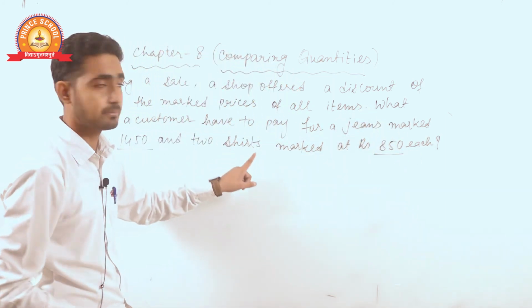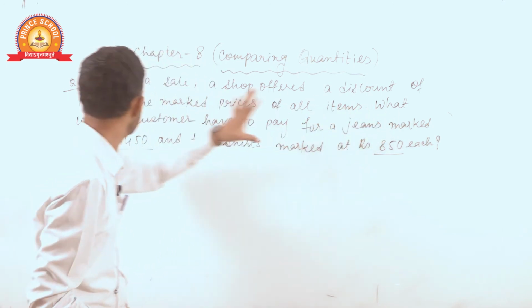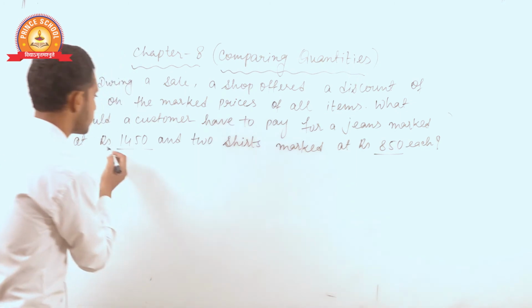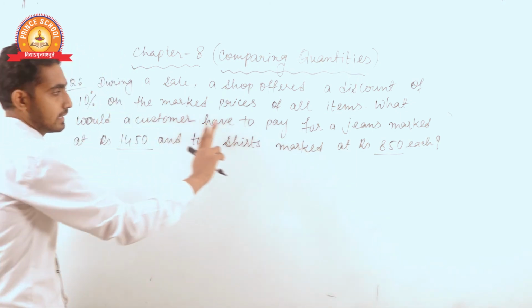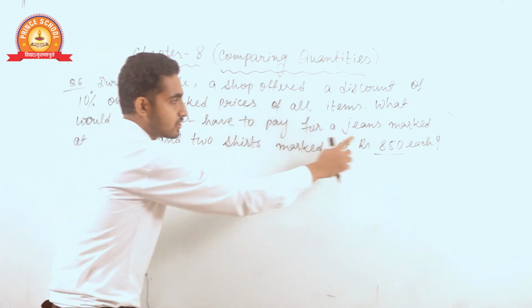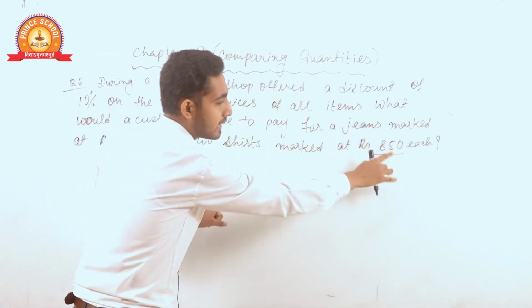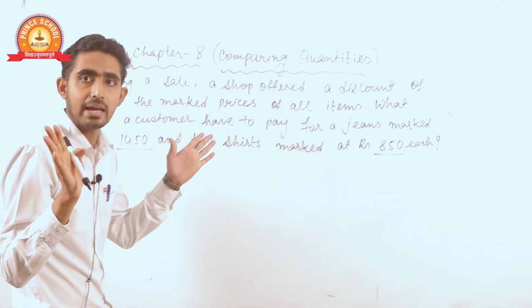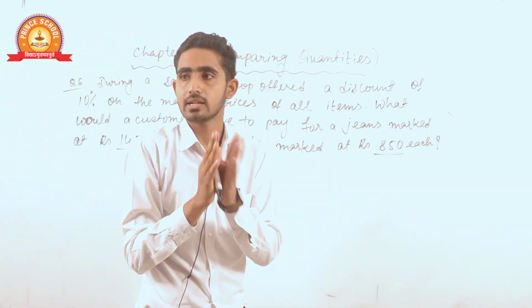Okay, this is very important. If you observe, 2 shirts at 850 each, so 2 multiplied by 850 plus 1450, when you add them, that is the total marked price.